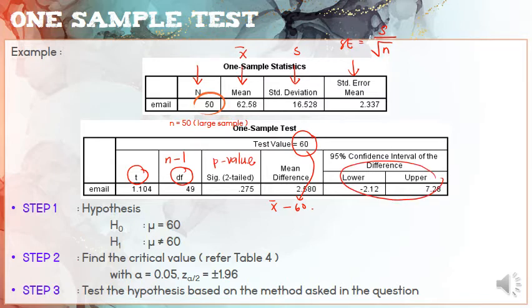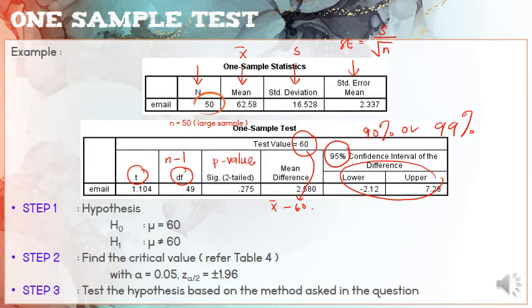And this part is your confidence interval. Now, always remember that confidence interval ni, dia boleh bagi 95%, dia boleh bagi you 90% or 99%. Kalau soalan kata 95%, you can straight away ambil daripada SPSS output yang diberi.